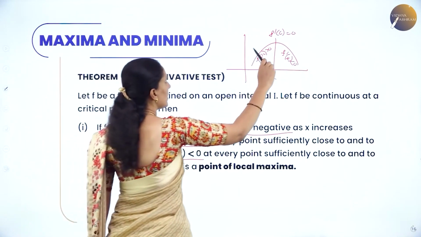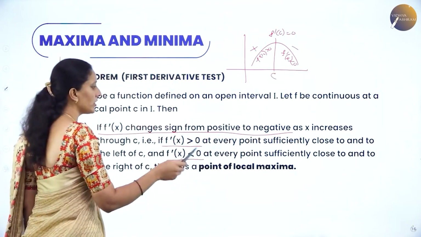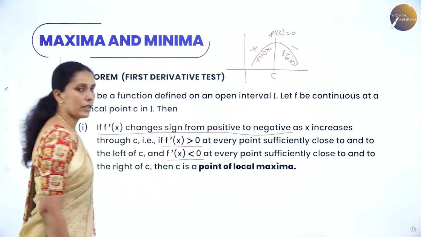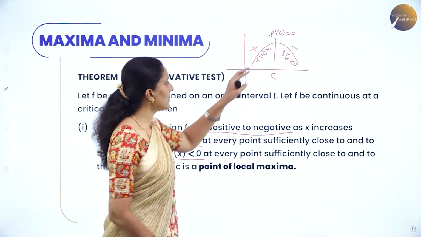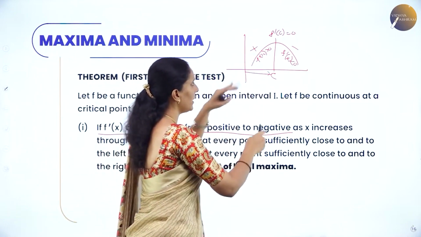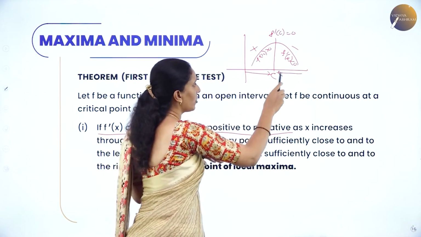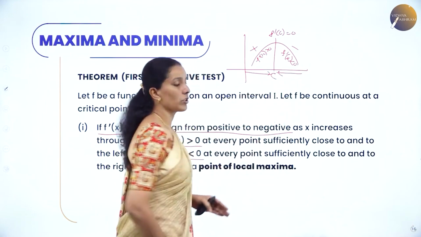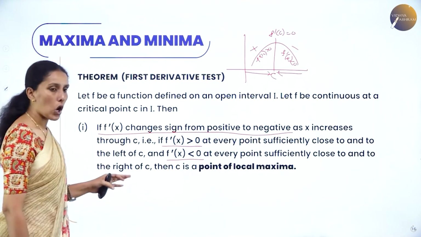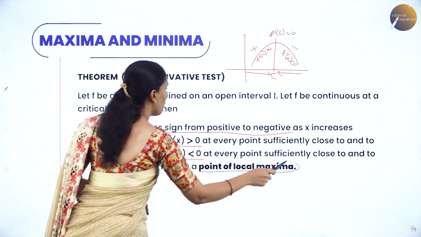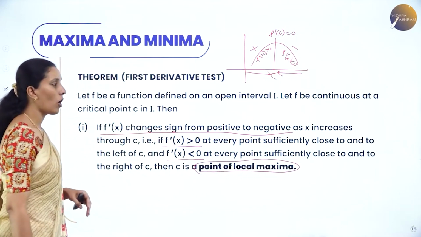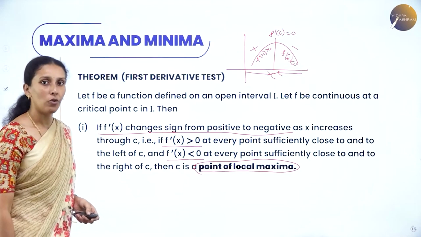So, this is positive and negative. So, when it changes from positive to negative, and f dash of x is greater than 0 towards the left of C, and it decreases towards the right of C. Towards the right of C, the function must decrease. Then we call it a point of local maxima. So, thus we call point C a point of local maxima.